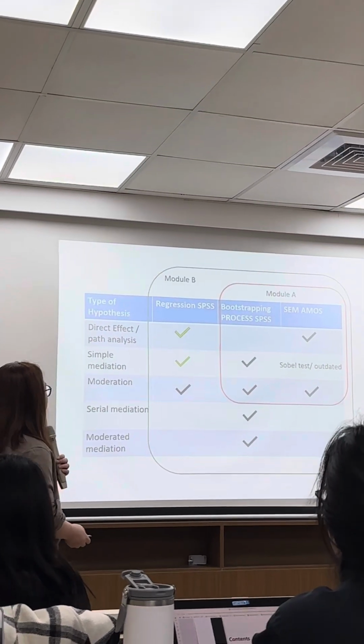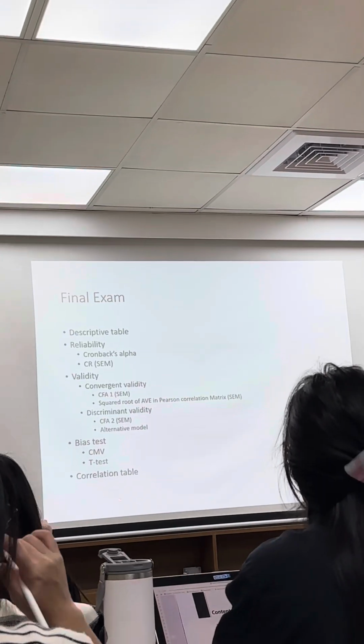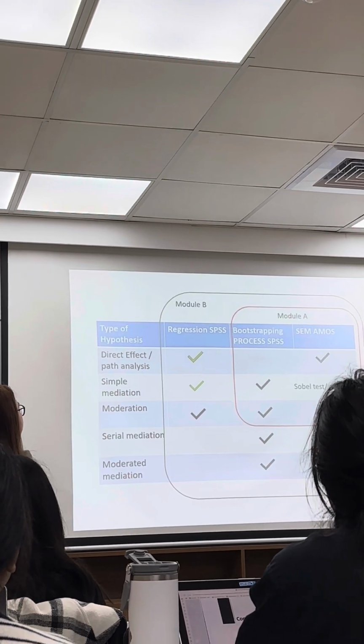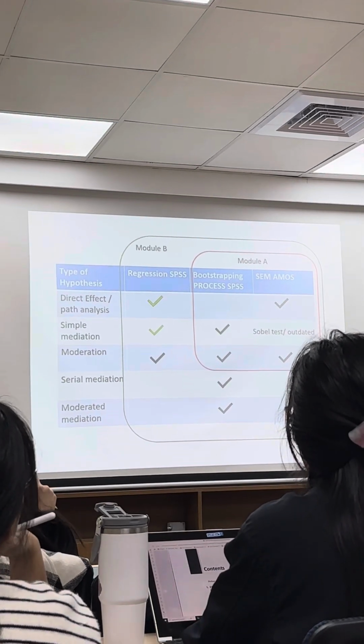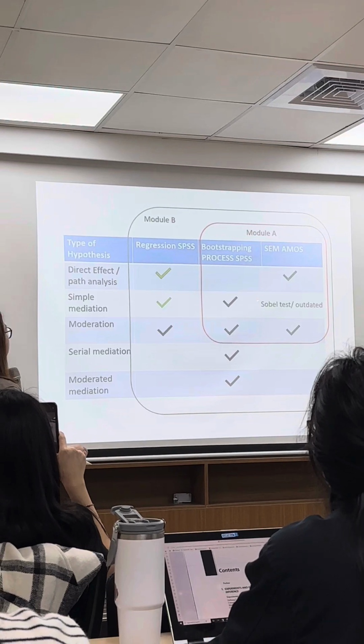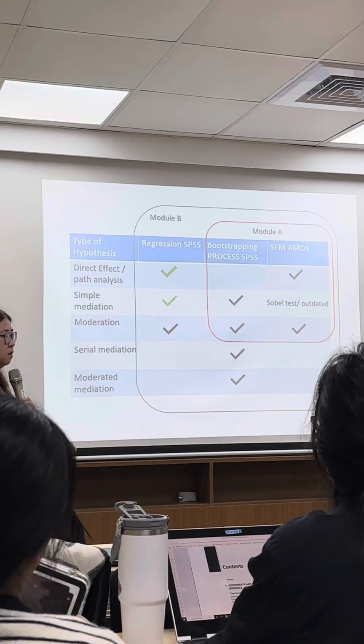The second will be hypothesis testing. The first part is the data preparation, which is not yet hypothesis testing, and this will be my requirement for your exam. For module B, I expect you to be able to do path analysis by SEM alone.